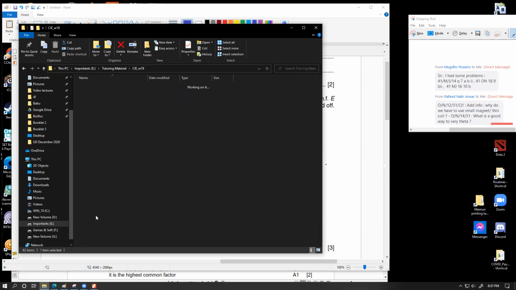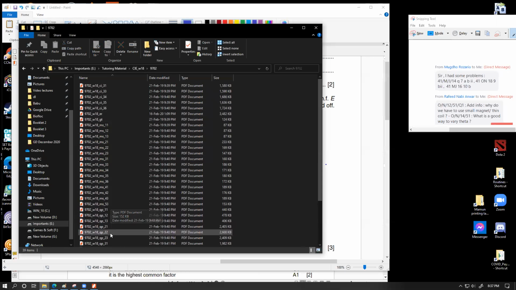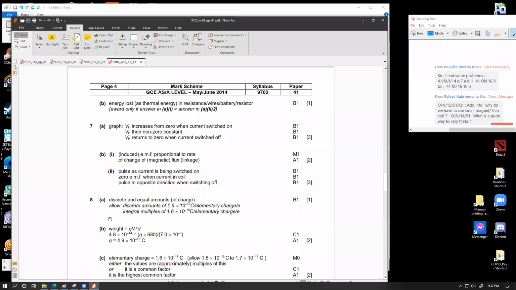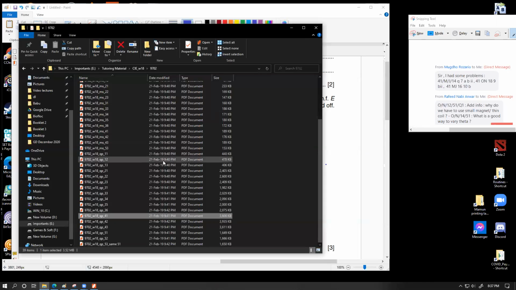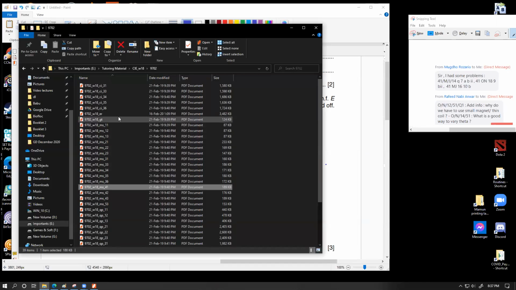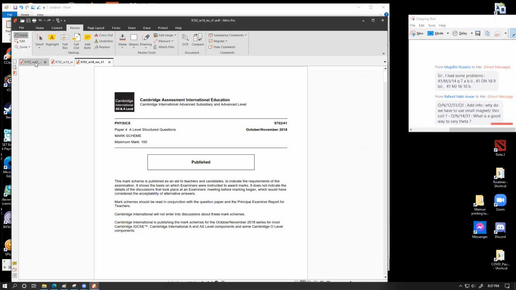W18 41. Let's pull up everything because we're going to need them anyway. Do we have the examiner's report or the combined examiner's report? Sure, why not?